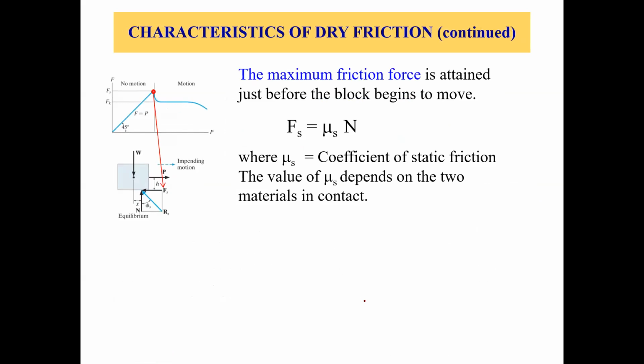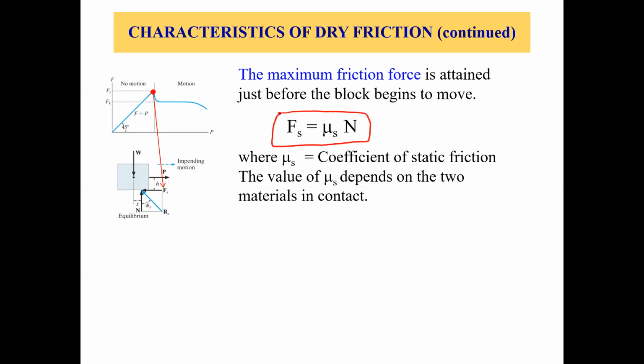Okay, we already talked about this, but let's just quickly go over it again. The maximum friction force is attained just before the block begins to move, right? So we already talked about this at this point, the impending motion point, right? Just before the block begins to move, we have this relation between normal force and friction force.